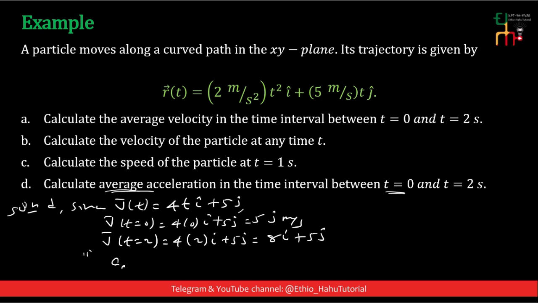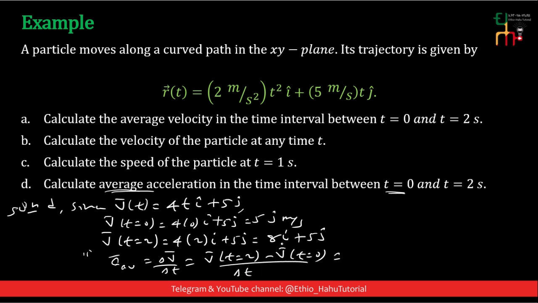Therefore, average acceleration is simply the time rate of change of velocity. This is equal to velocity at t is equal to 2 seconds minus velocity at t is equal to 0, divided by delta t, 2 seconds.